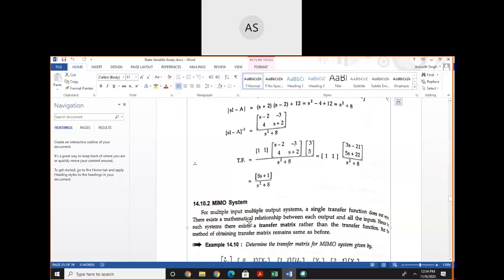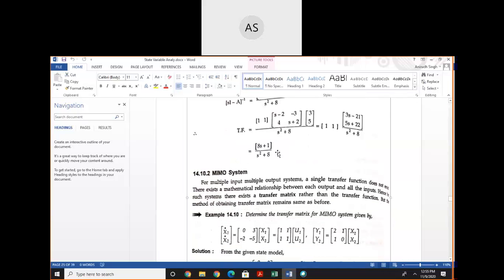Now the multiple input and multiple output system. For a multiple input and multiple output system, a single transfer function does not exist. There exists a mathematical relationship between each output and all inputs. If there are two outputs, then there are relationships from both outputs to all the inputs.